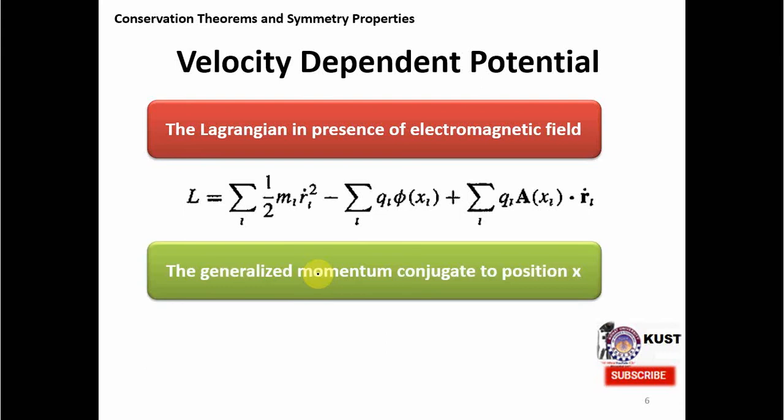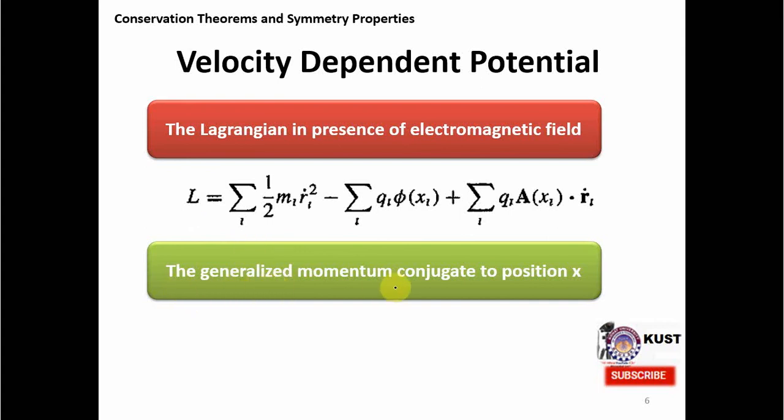So if we now want to calculate the generalized momentum, you already know that del L by del x dot, or del L by del r dot if you want three dimensions, will give you the definition of momentum. So why not calculate it?